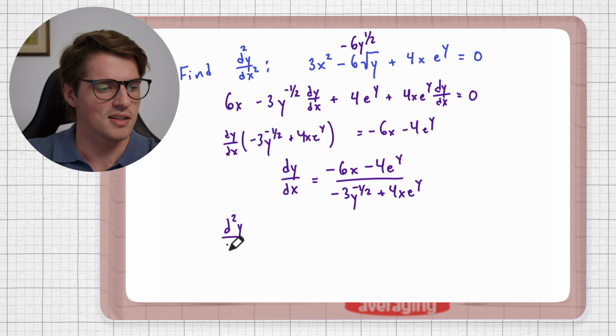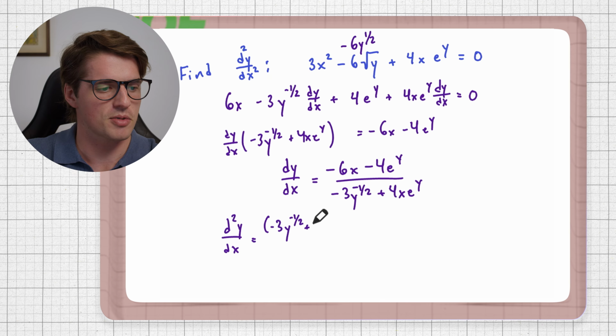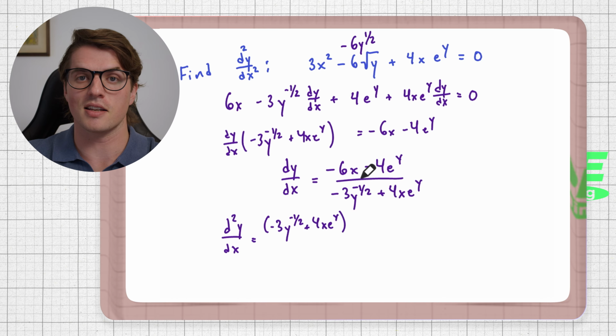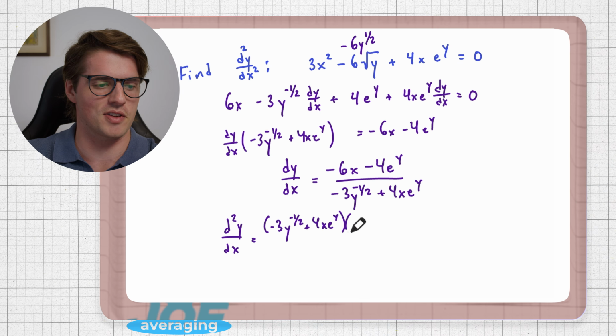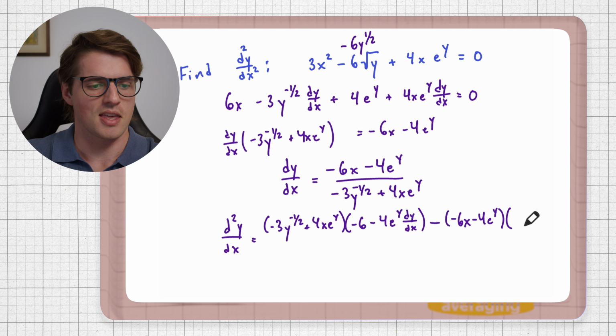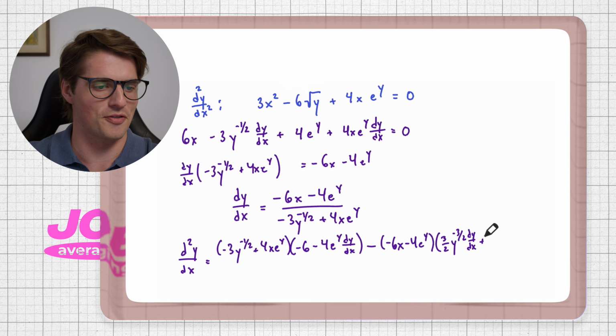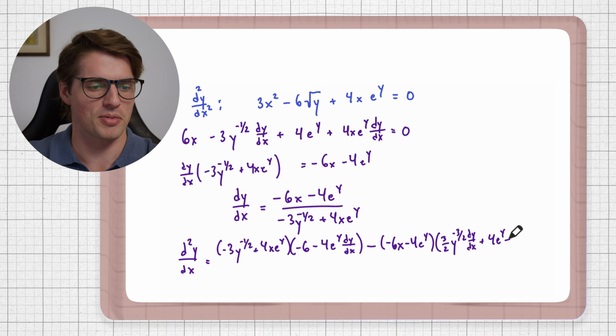So d squared y dx squared is equal to HODY: high, negative 3y to the negative 1/2 plus 4x e to the y, times d high, the derivative of the top, negative 6 minus 4e to the y dy/dx, minus HIDY ho: we leave the top alone, minus 4e to the y, and the derivative of the bottom is 3/2 y to the negative 3/2 dy/dx plus, well, we've got to do the product rule again here. 4 e to the y plus 4x e to the y dy/dx.